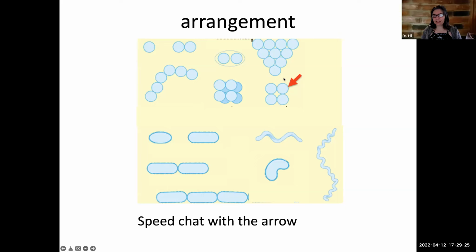Indeed, that is known as a tetrad. Okay, and this is cubical. That's right. Sometimes called sarcina. Yep, good. There's other ones. In the rods, there really isn't usually clustered rods, but there can be accordioned rods where they're kind of zigzagged, and that's called palisades.